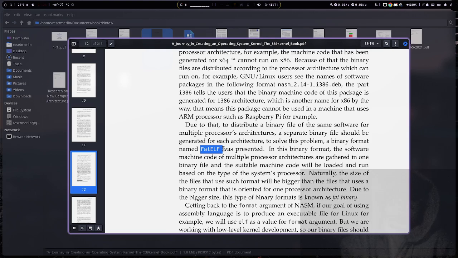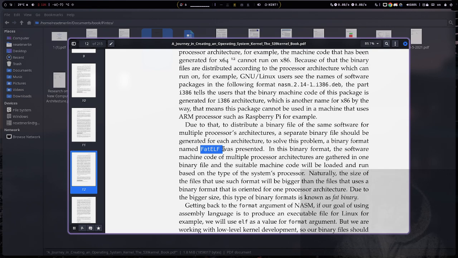It's compatible with the environment that you have, and fat doesn't mean eat and fat. FAT just means multiple versions for some specific architecture.